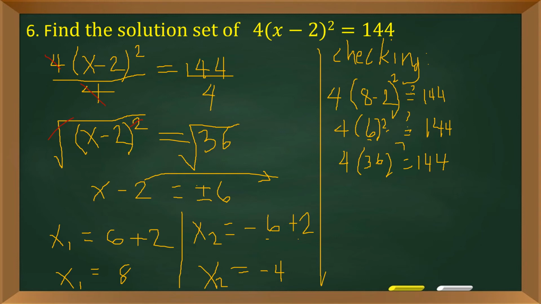So, lagay natin mga question marks. So, 4 times 36 is 144, which is also equal to 144. So, we have proven that our right side is equal to our left side. Therefore, x of 1, which is equal to 8, is one of our solutions.